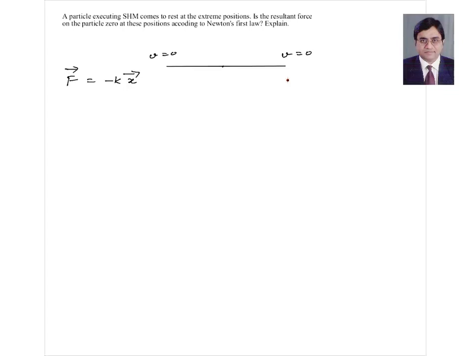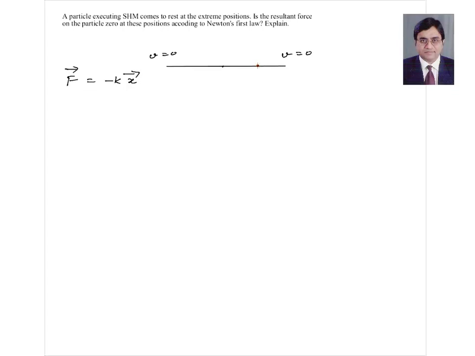If V is 0 and then V is not 0, then it means there has to be some force. V is 0, right. But then after some time V is not 0. Particle goes to the left. Its speed only increases after that. So there has to be some force which is changing V.